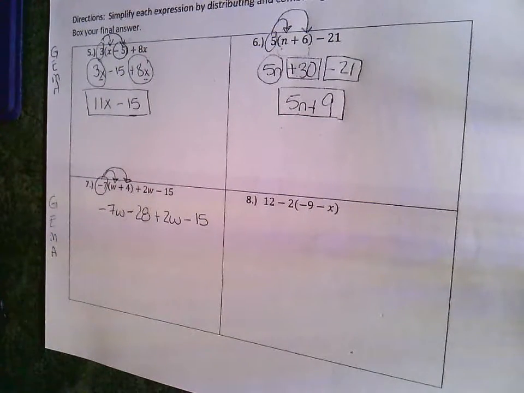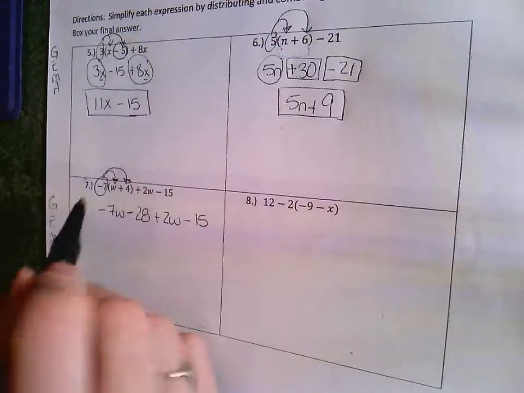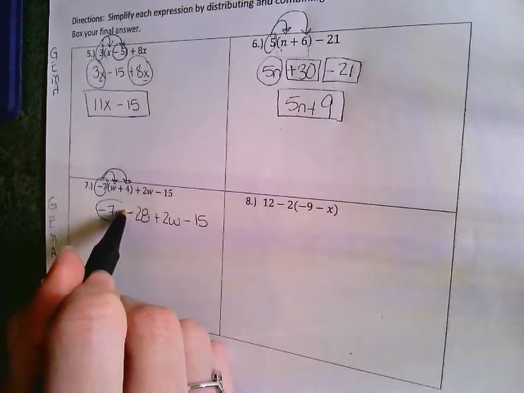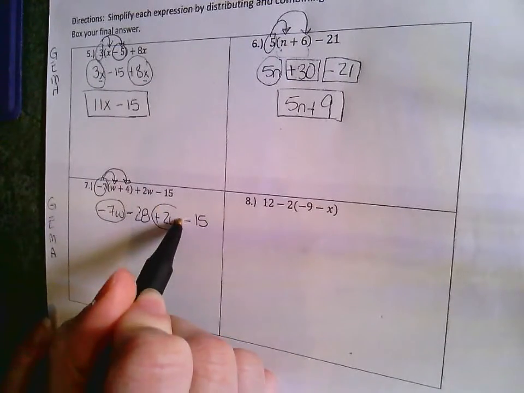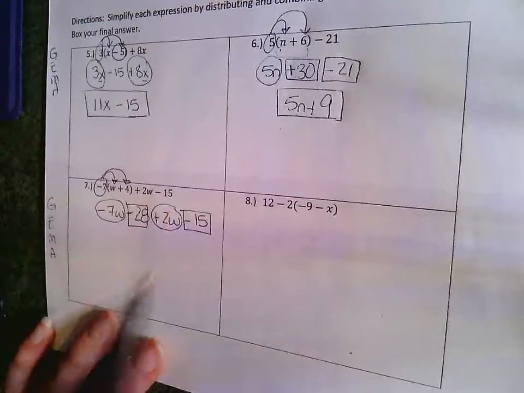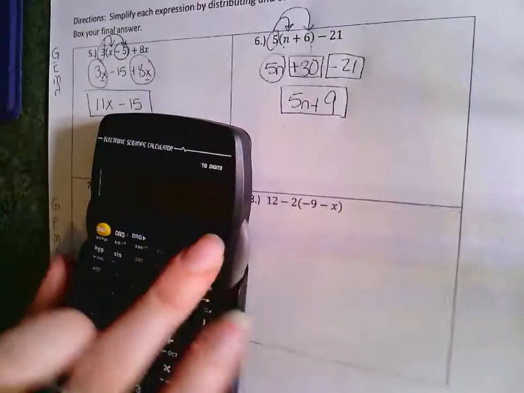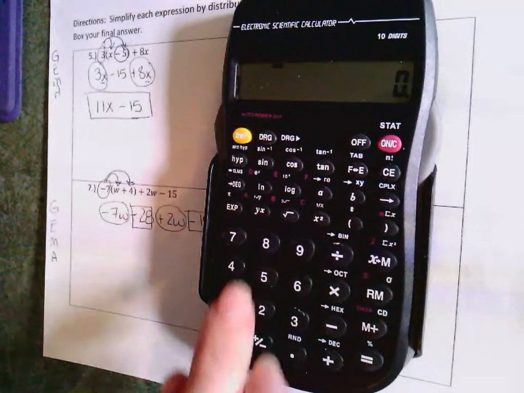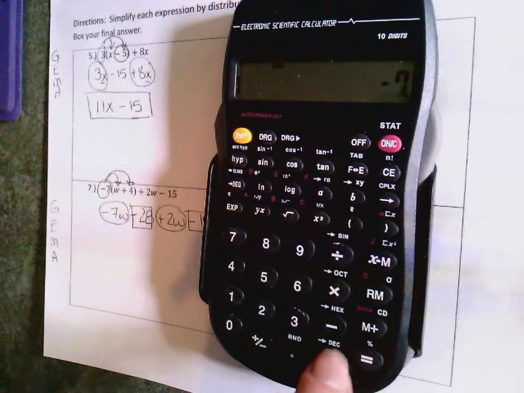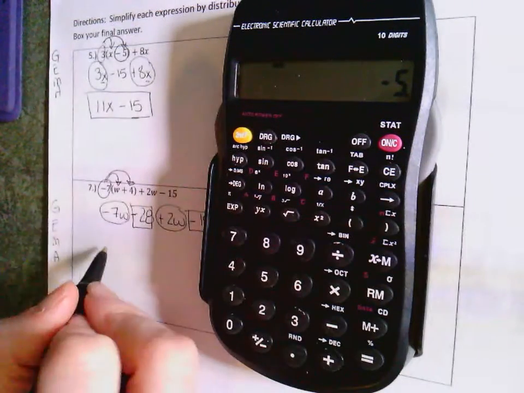What will I do next? Next, I'm going to start my circling, because we're now to the A, which is addition and subtraction. So I'm going to circle all of my like terms. I'm going to circle -7w and 2w. And I'll put a square around the -28 and the -15. So I'm going to do -7 plus 2 first, and I get -5. So I have -5w.